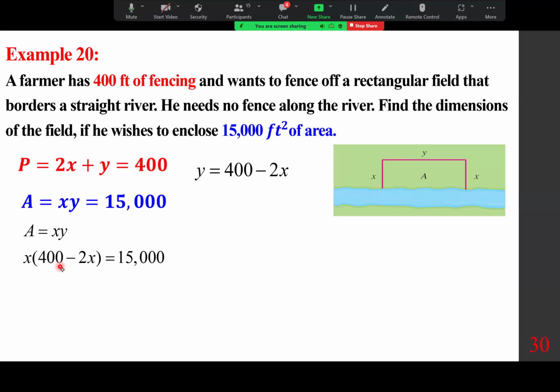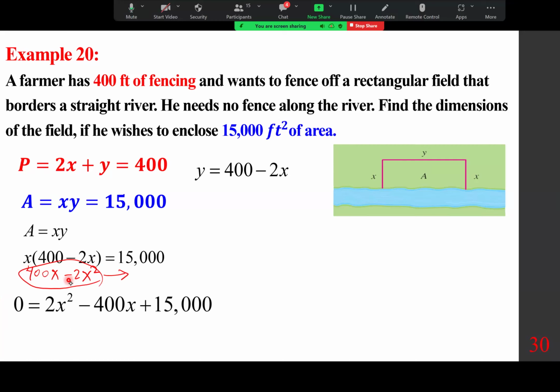So I hope you recognize the left side as 400x minus 2x squared. I'm going to put them in descending order. So to do so, I'm going to move everything to the right because I want this to be positive. 2x squared minus 400x plus 15,000.